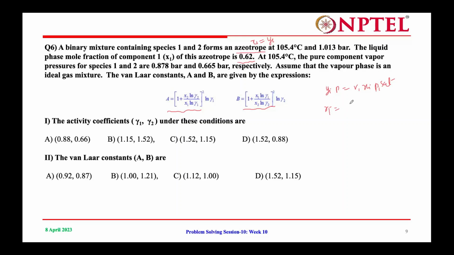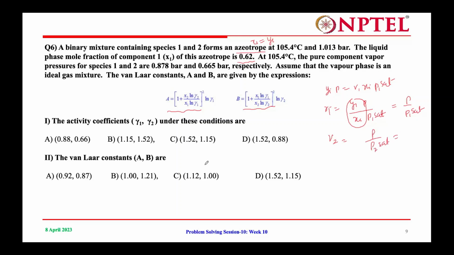So gamma 1 equal to y1 P divided by p1 saturation. Due to the azeotrope this gets 1. Similarly for the second, P divided by p2 saturation.